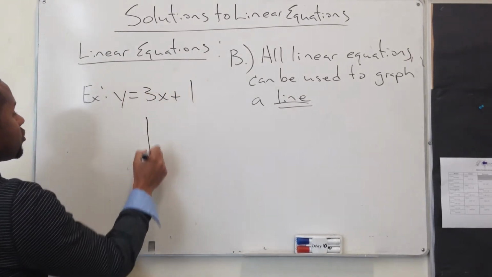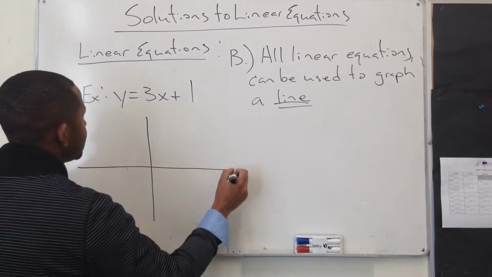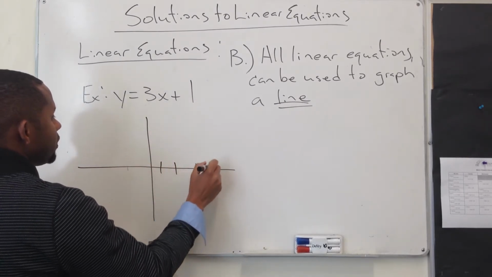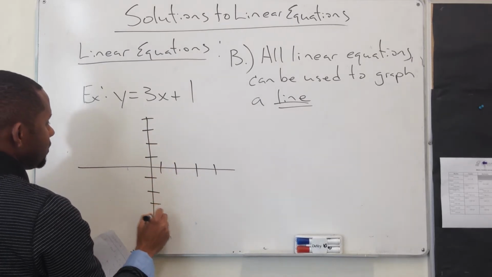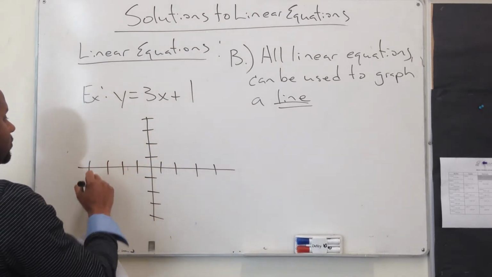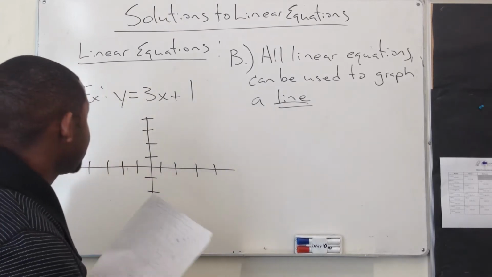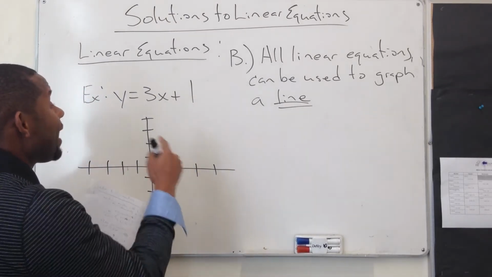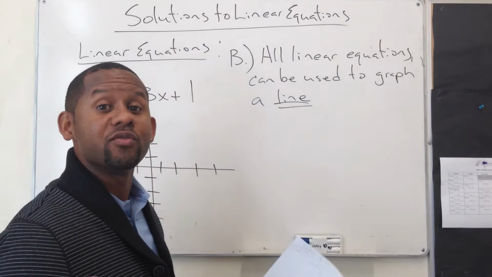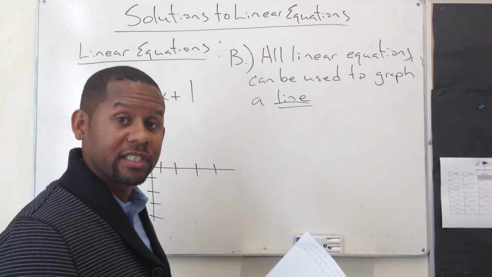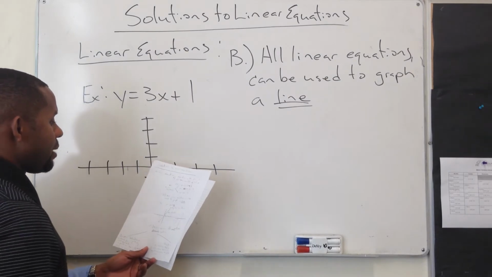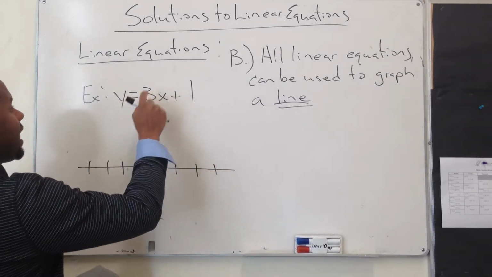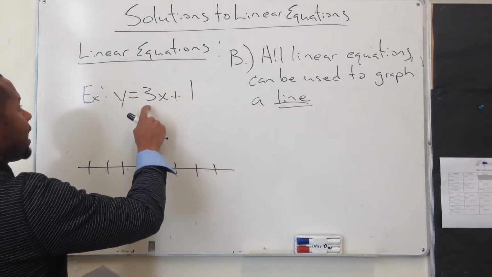Go ahead and draw yourself an x and y axis. Label a 4 in each direction. We're going to graph this line right now. It's not important that you know how to graph the line, but I want you to see that a line comes from this. I have a y-intercept and I have a slope.